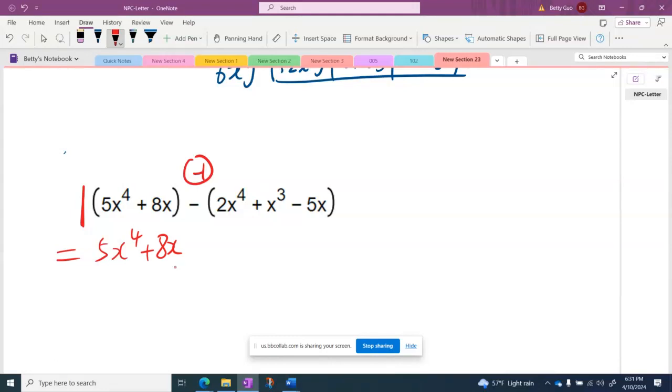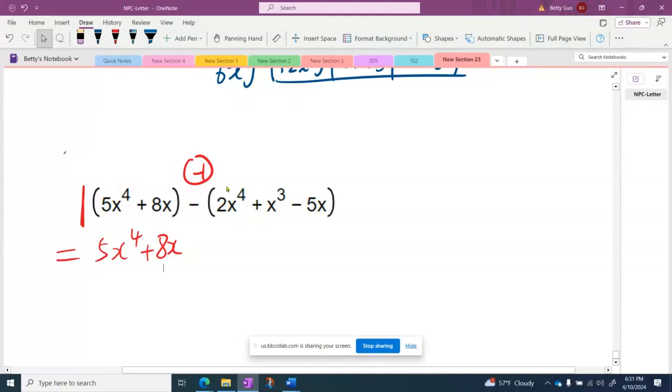In the second parenthesis, the coefficient is a -1. I hope you can see that. When we distribute the coefficient -1, all the terms in the parentheses are going to become their opposite, because -1 times a quantity will give you the opposite of the quantity.